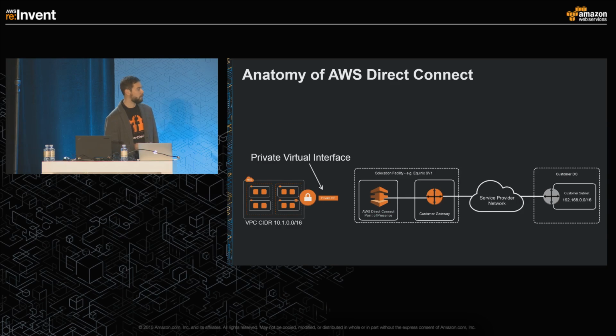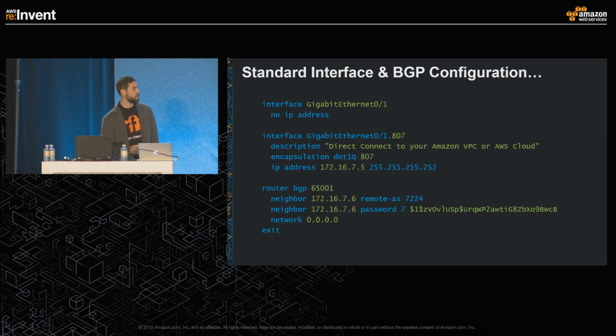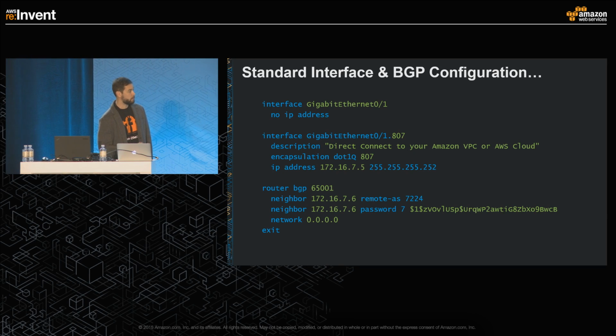Then we get a configuration we can download, and we go onto the router that we've got at the co-location facility, or the partner does, for instance, and we configure the various attributes that we've given you, like BGP, the point-to-point addresses, and sub-interfaces. We've got a sample here: gig 0/1, sub-interface 807.